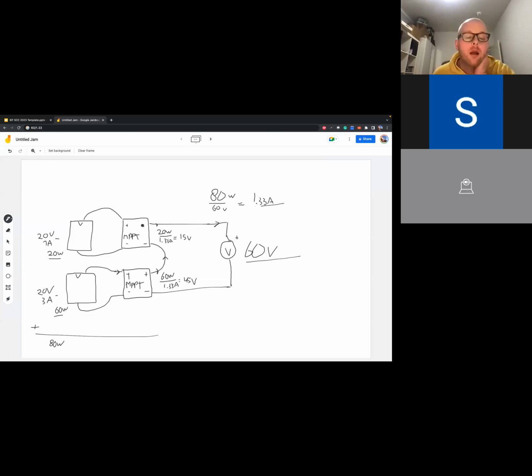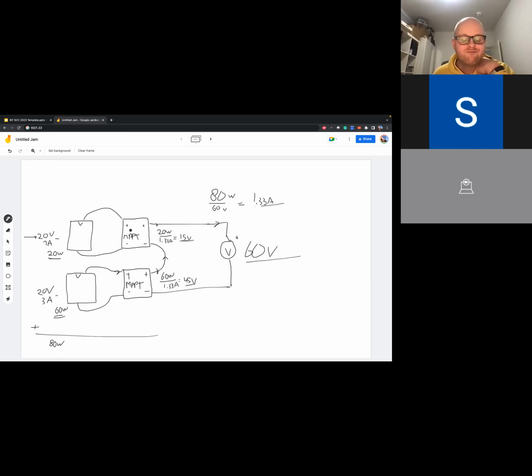But now, because a lot of teams do this trick while using boost MPPTs, it does not work, because this top MPPT has a maximum power point of 20 volts, and if the system works properly, the output voltage should become 15 volt, but it cannot do that, because then you would need a buck MPPT and not a boost MPPT. For boost MPPTs the output voltage always needs to be higher than the input voltage.